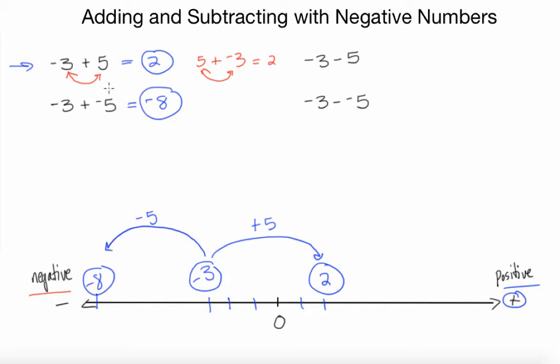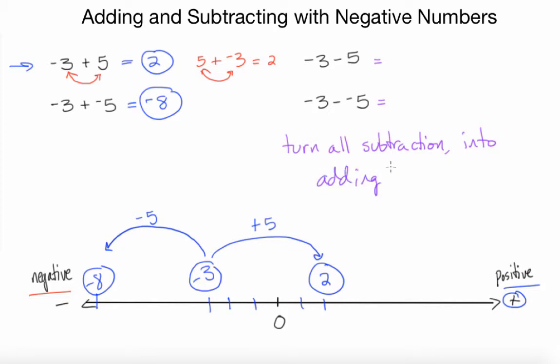Okay, so that's adding. We just did two examples of adding on a number line. Let's do the same numbers, negative 3 and 5, but now let's look at subtracting. The way to deal with subtracting, because you get so many negatives and so many subtraction signs, is to turn all subtraction into adding.